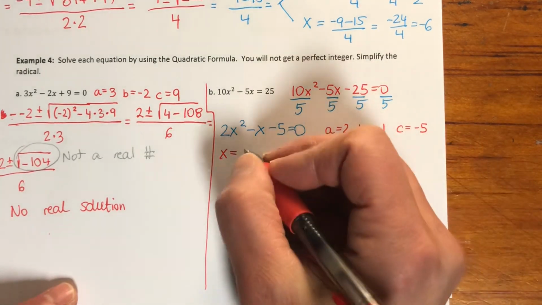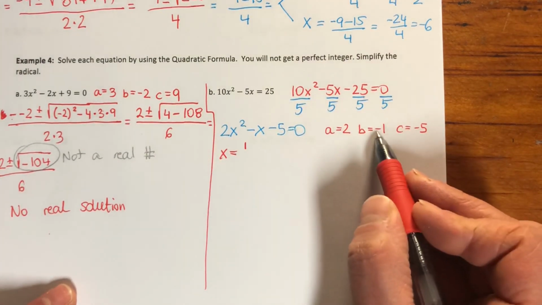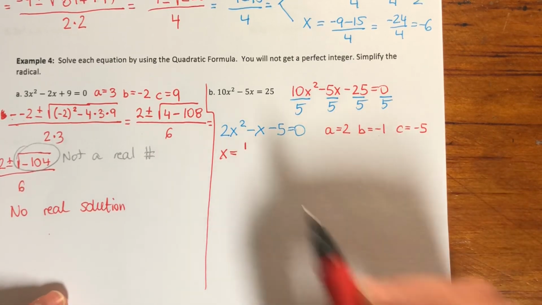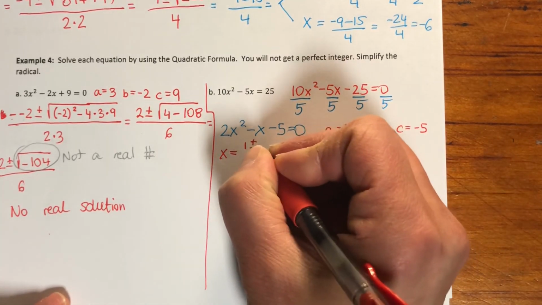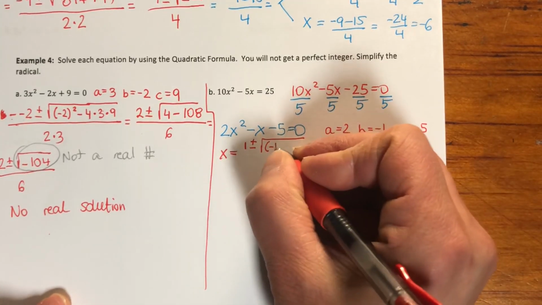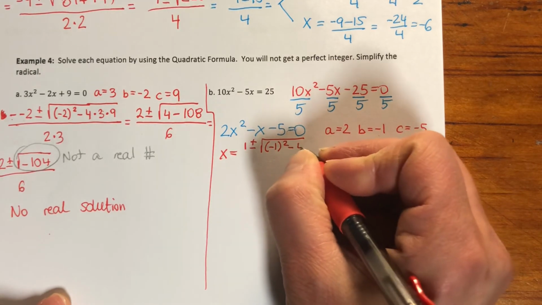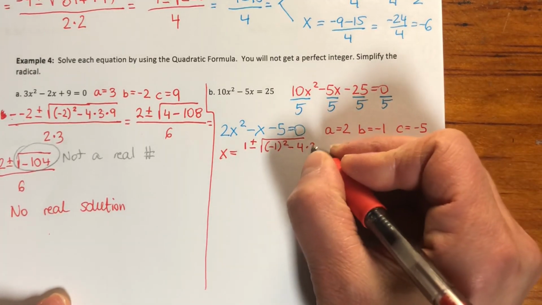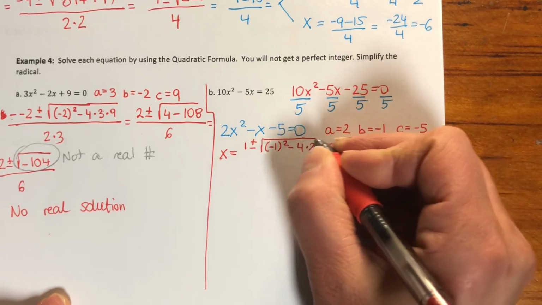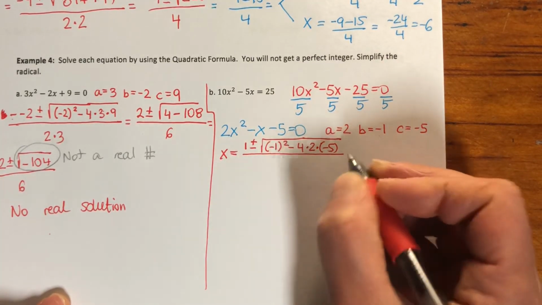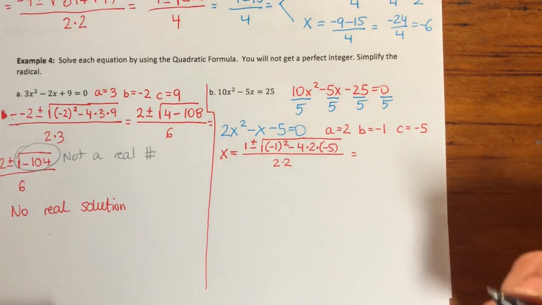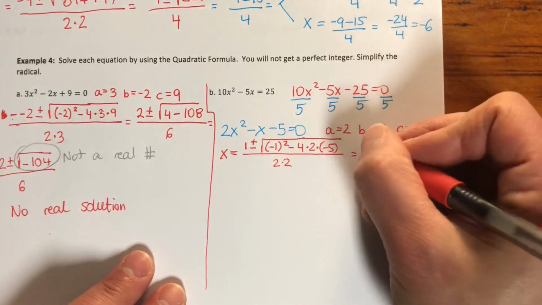So negative b is going to be positive 1 because again, now I've done this so many times, negative, negative, I know to put the positive, plus minus b squared minus 4 times a times negative 5 divided by 2a, 2 times 2, or you can just write 4. 1 plus minus.